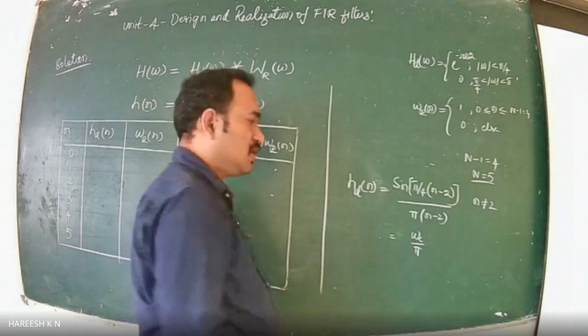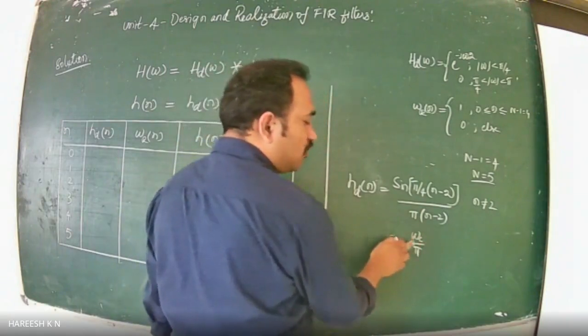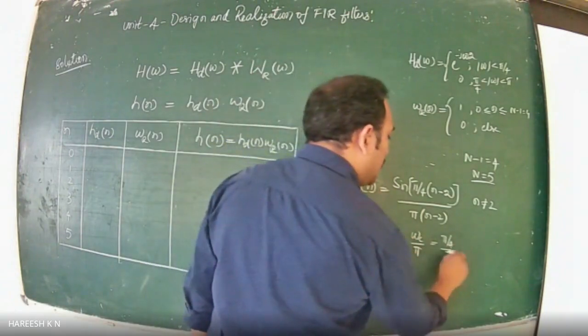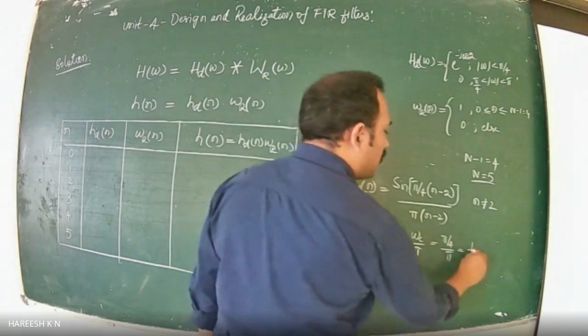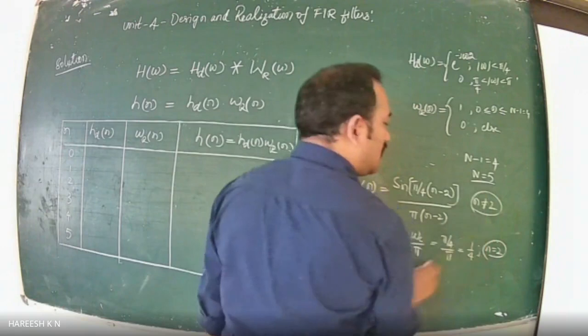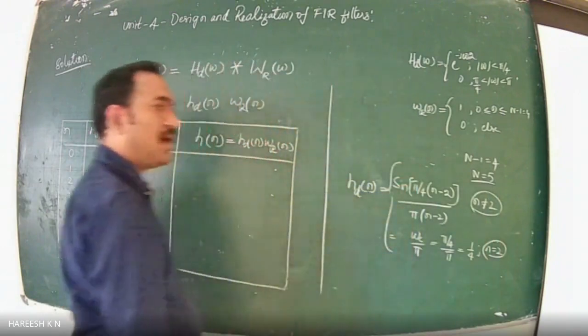Therefore, that reduces to pi by 4. Omega c is pi by 4, pi by 4 divided by pi. Therefore, pi by 4 divided by pi is equal to 1 by 4. This is for n is equal to 2, and for n not equal to 2 this is the expression. Therefore, hd of n will take up these values.